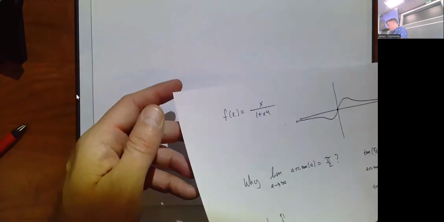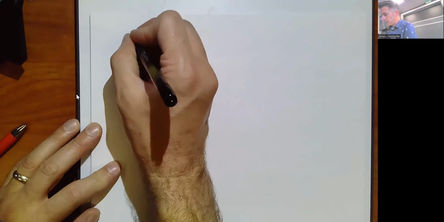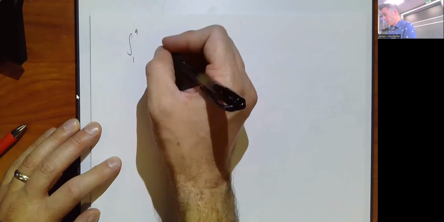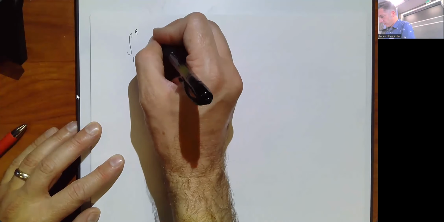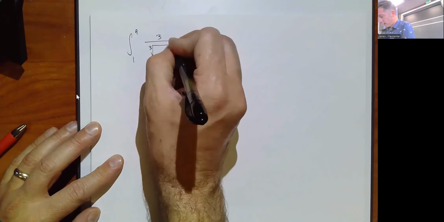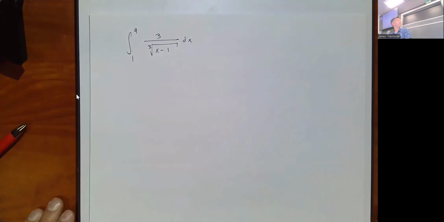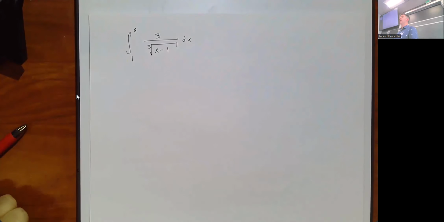Let's look at a few more examples here. Let's say we had the integral from 1 to 9 of 3 over the cube root of x minus 1 dx. I will point out it is really easy to do this problem without using limits, and it's just not as right as it should be.